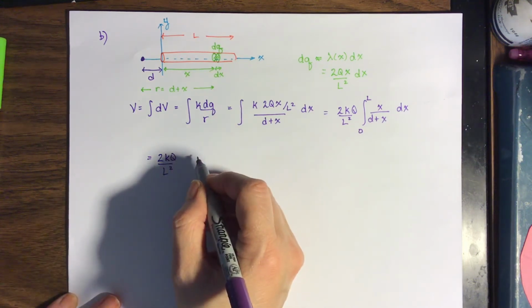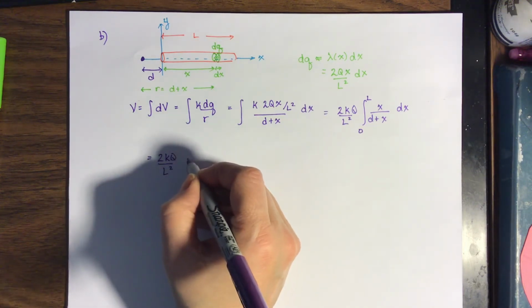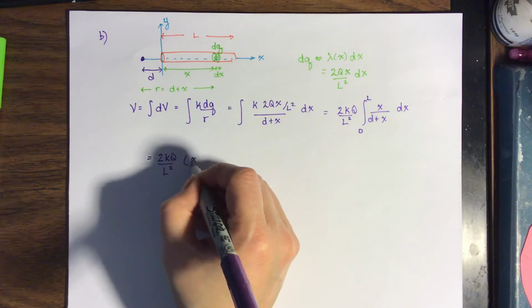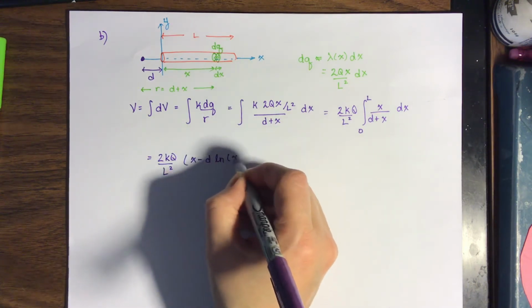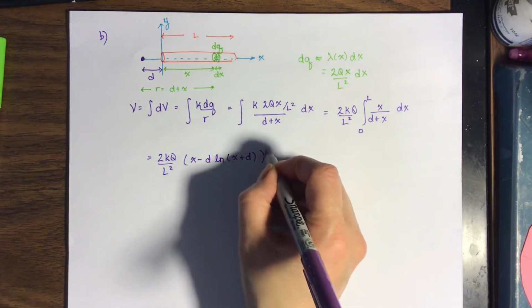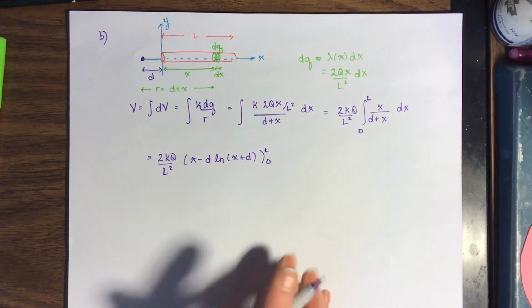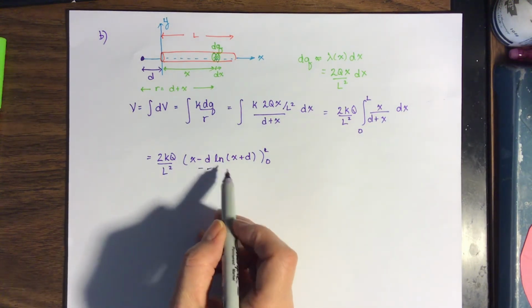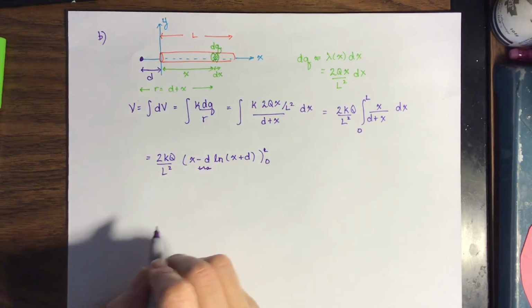You can do this integral on your own, or you could look up the result in a book. If you look up the result in a book, what you should get is x minus d times the natural log of x plus d, and that of course is evaluated from 0 to L. Don't want to get mixed up on my limits there. x minus d natural log of x plus d. Okay, just double checking to make sure I have it right and I didn't write something down wrong.